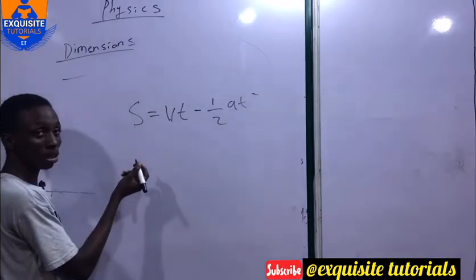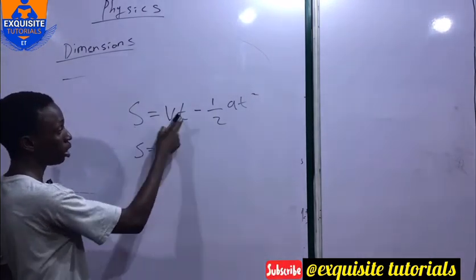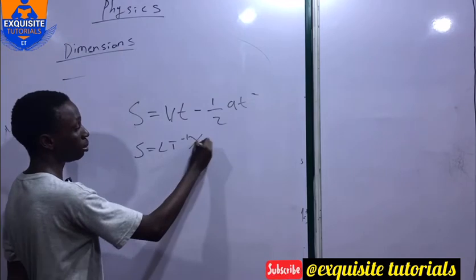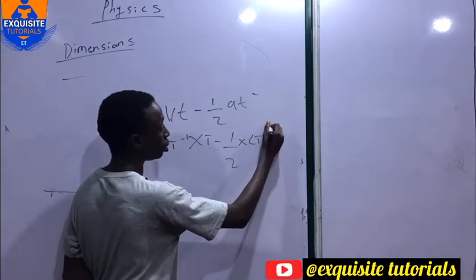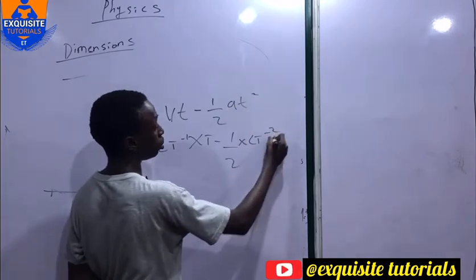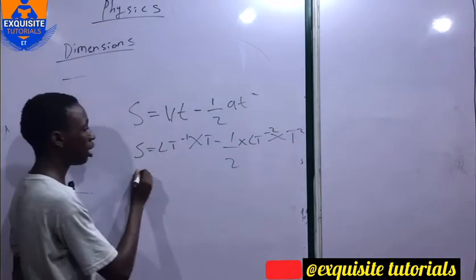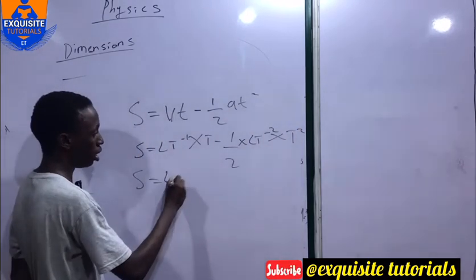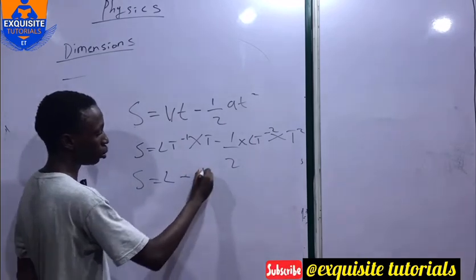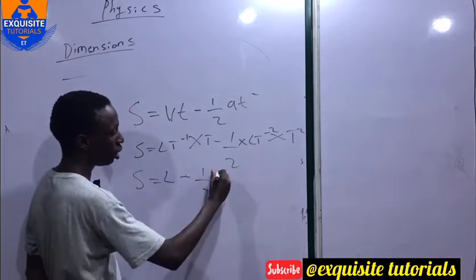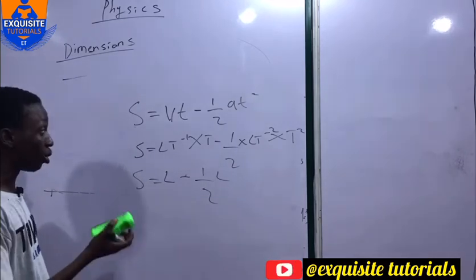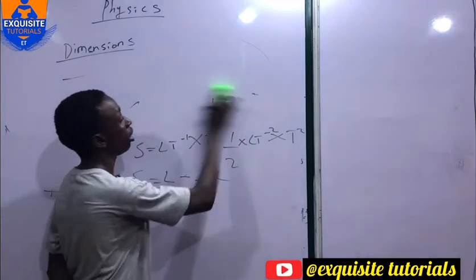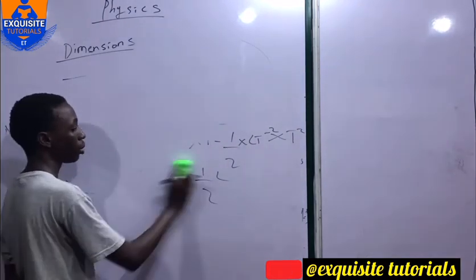Then know that S is equal to LT minus 1 times T minus 1 over 2 times LT minus 2 times T square. So you can say S is equal to L minus 1 over 2 L. So you can also say this equation is dimensionally correct also.